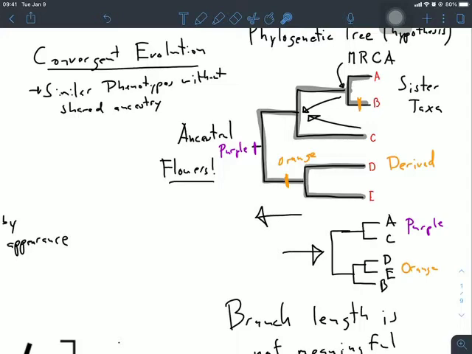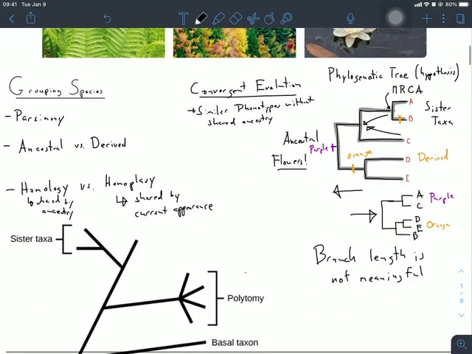If we had boatloads of data, whole genome sequencing, phenotypic matrices, you may be able to better estimate the relatedness of A and B to one another versus the relatedness of D and E. In fact, that was one of the things that I did very commonly in my PhD. But here, I don't want you to draw interpretations based on my drawing abilities. So I want to point that out before we get into our major trees of life.